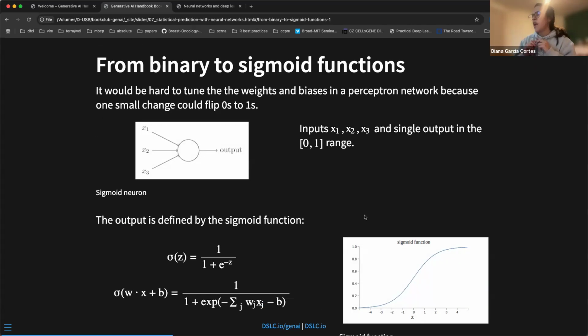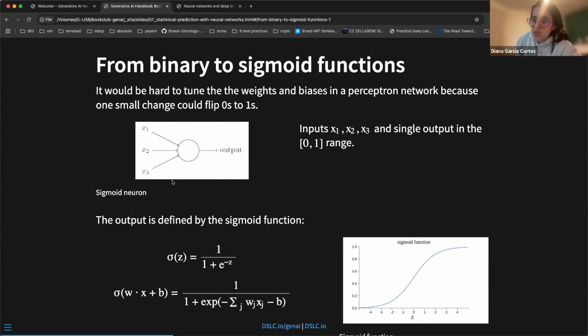We want a way to train our networks so that a small change in one of the weights or one of the biases results in a small change in the output. So that's why the neurons actually use a sigmoid function.